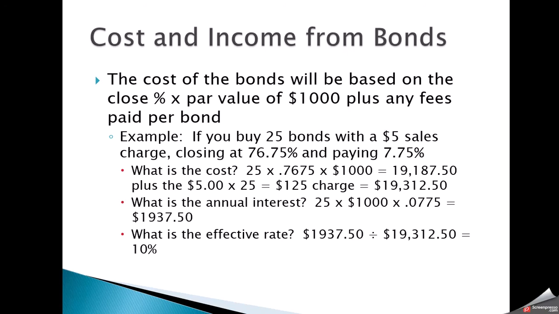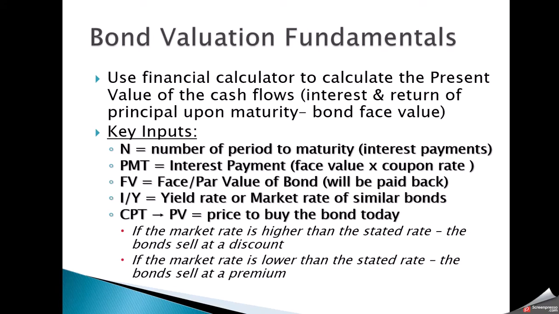Their annual interest is going to be the $25,000 times the 7.75%, or $1,937.50. And then if you wanted to know, well, what am I actually earning on that? You take your annual interest and divide it by your total cost. So in this case, you would be actually earning 10% on those bonds.